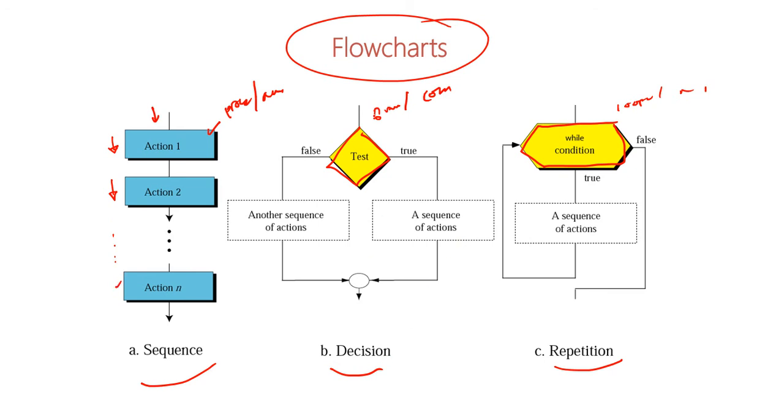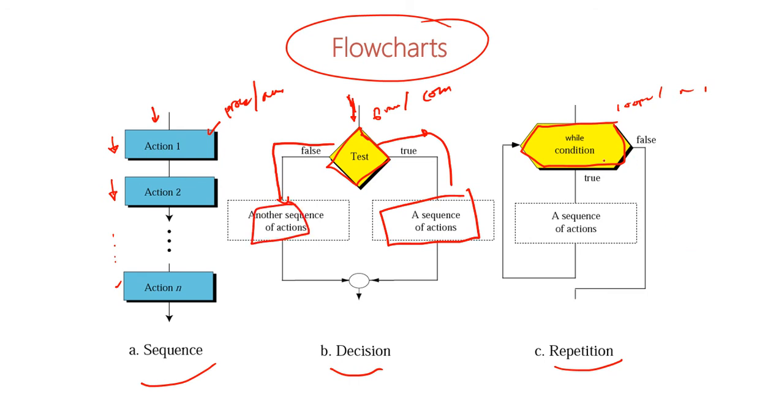For the decision, the process or action goes to the branching here, and then the condition will be checked. If the condition is true, then do something here. However, if the condition is false, then do something here.